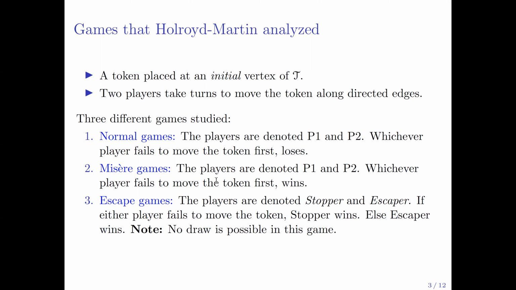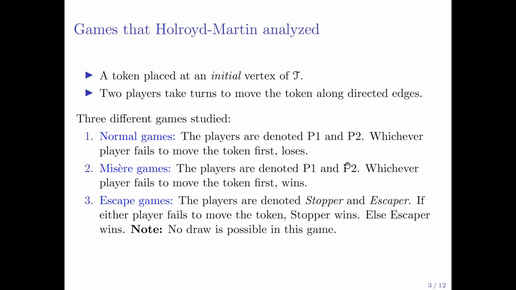Then there is a third class of games known as escape games. So here you call the players stopper and escaper. These are special names given to the players because of the roles they play in the game. So in this game, if either player fails to move the token, then stopper wins. Otherwise, escaper wins. Okay.